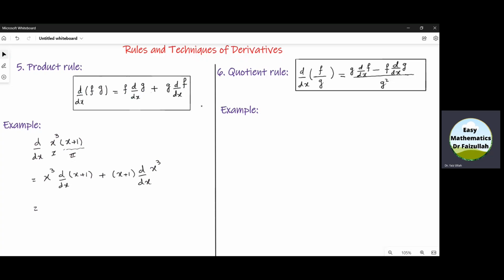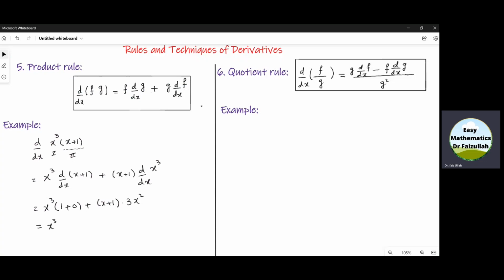Now the remaining is just simplification. x cube, and we know that differentiation of x is 1 and differentiation of 1 is 0. Plus, let us write x plus 1. Now differentiation of x cube is 3x squared. Let us simplify this a little more.